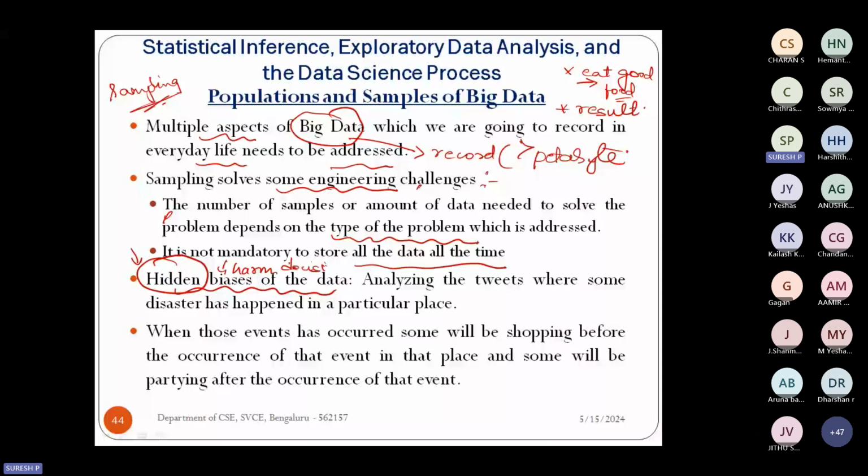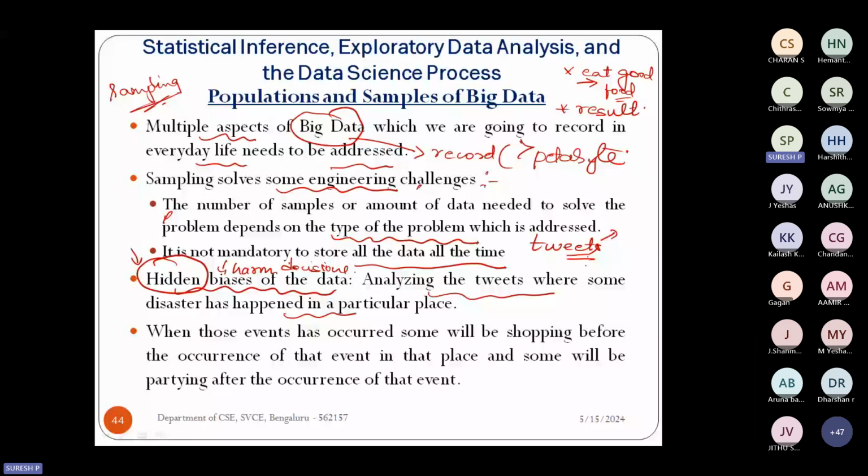It is nothing but analyzing the tweets where some disaster happened in a particular place. If we take an example of tweets, depending upon that tweet, we know what event has happened. If someone tells us it is going to rain today, during that rain some person may be shopping in some place, or some person may be partying in one place.